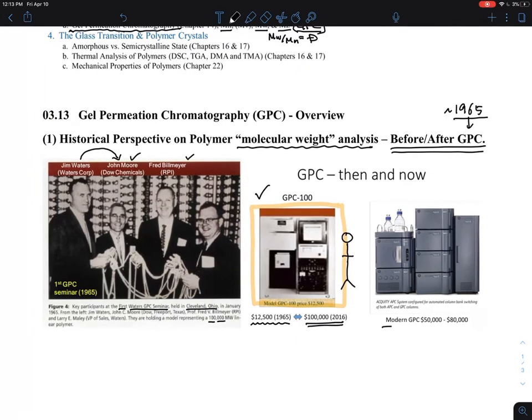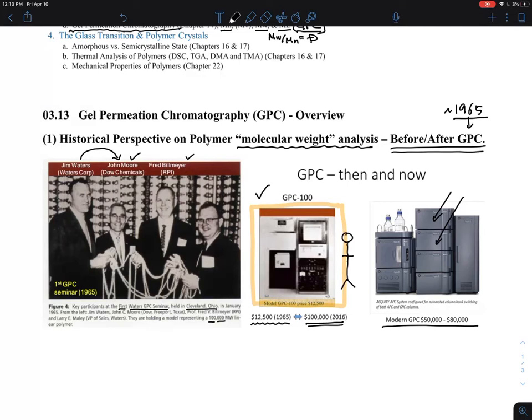Now these days, if you have a budget of less than $10,000, you can have all the bells and whistles. You can put in different detectors and auto injectors.